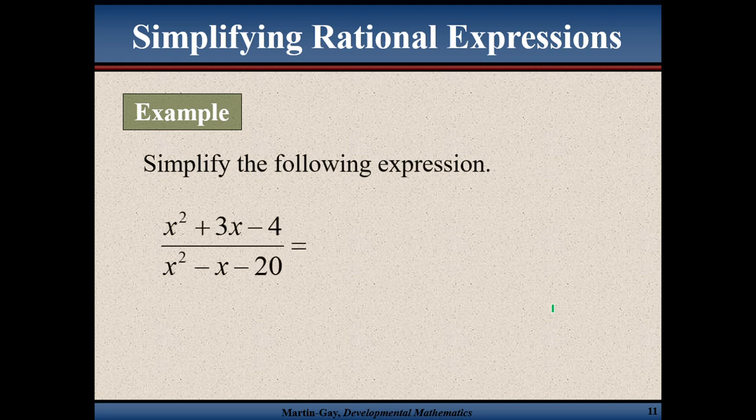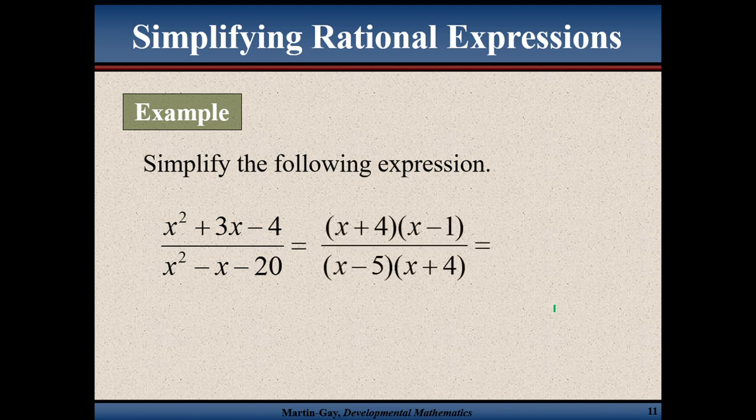Next, we have x squared plus 3x minus 4 all over x squared minus x minus 20. I-factor natin yan, di ba? Pag chinek natin yan, x times x is x squared.